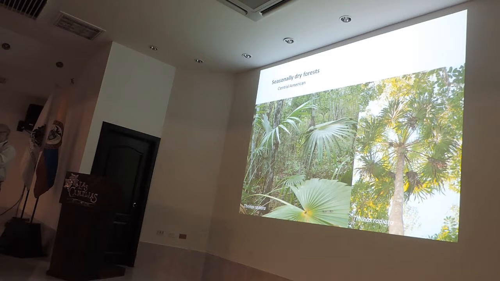It's visible just at first view when you go and make transects in these forests. Very few species, maybe 4 or 5 species apart from these Thrinax. There's also a couple of Coccothrinax and some Sabal species, 2 species of Sabal.